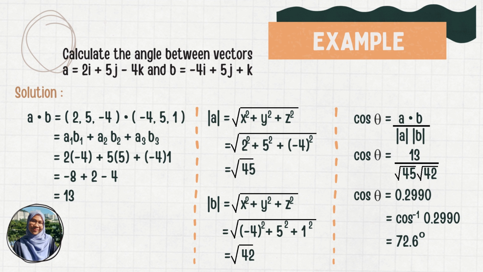Then cos theta is equal to 0.2990, and then you will get theta is equal to 72.6 degrees. So the angle of this vector is 72.6 degrees.